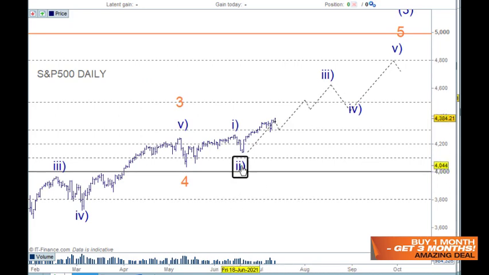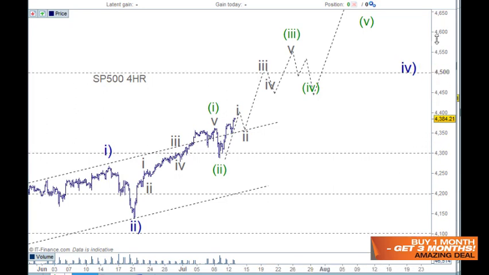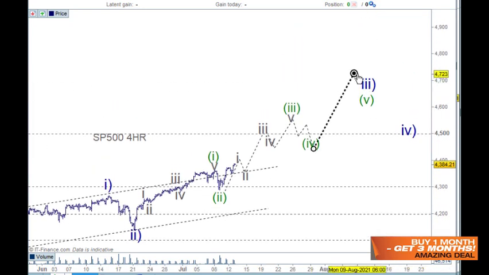So let's go to the intraday and pick it up on blue wave 2 here. On the 4-hour chart, we've got our blue wave 2. We're going up for blue wave 3, which is up yonder somewhere.